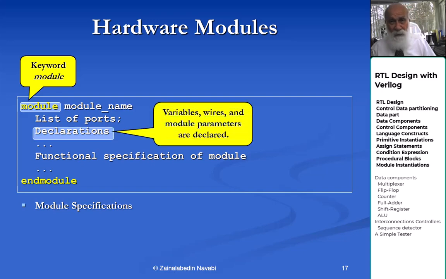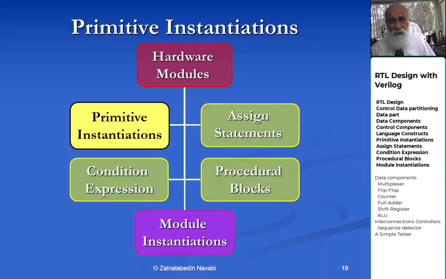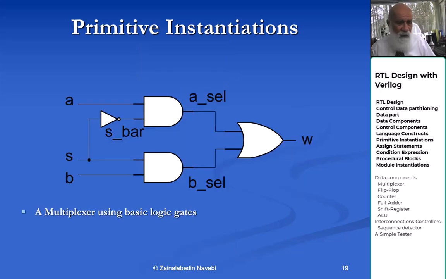We will be using yellow highlighted characters for the keywords of the Verilog language. How can I describe a component? Whether it is a controller component, the complete data path, or a particular component, I can use primitive components. Just like when you're designing, you can always design something like this with gates. Well, I can describe this in Verilog.